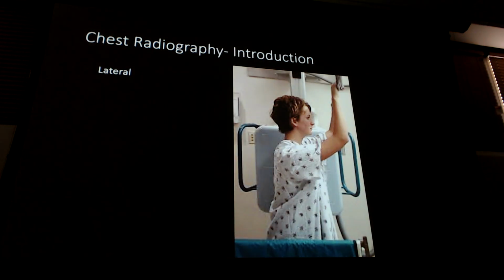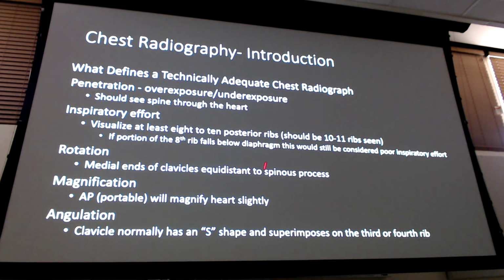So what are those things? The first ones: penetration, inspiratory effort, rotation, magnification, angulation. We're going to talk about each of these. This is like your intro slide, the intro slide of what I am looking for to verify that it's appropriately exposed, that it's a good x-ray. Okay?